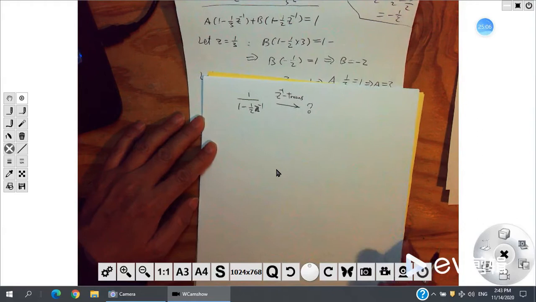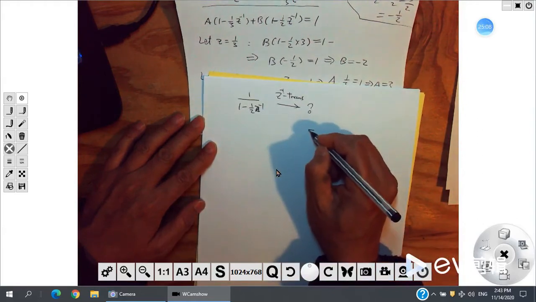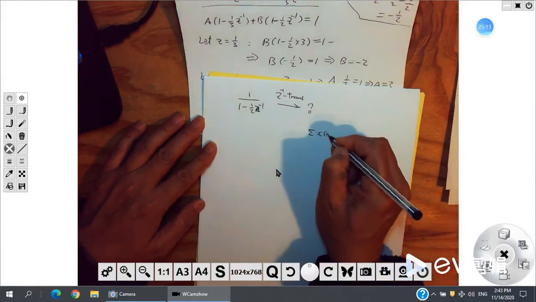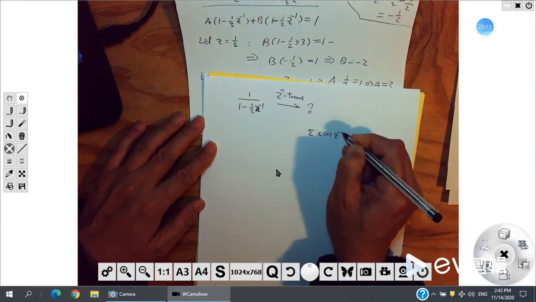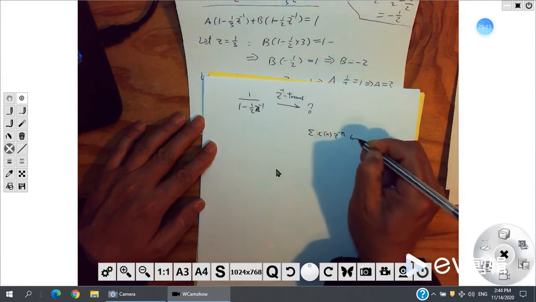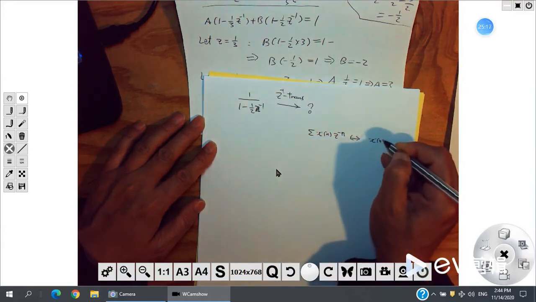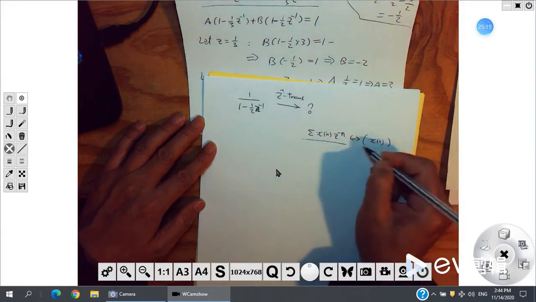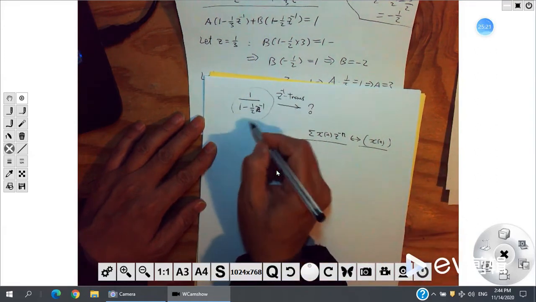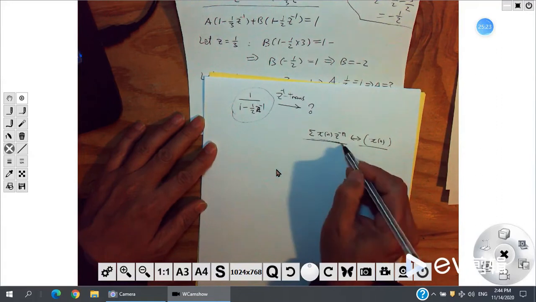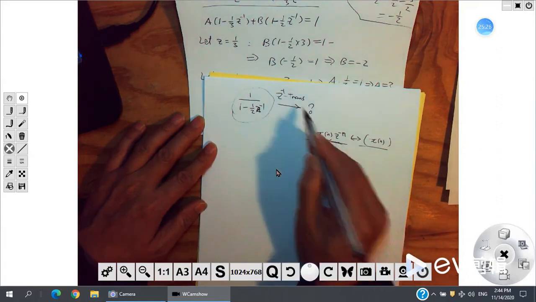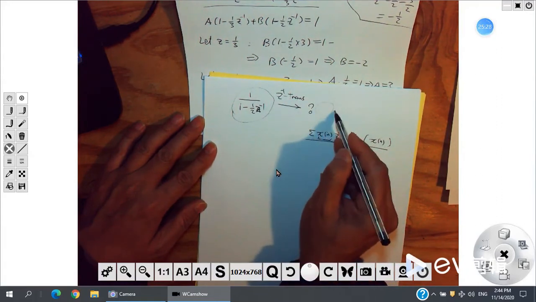We know by definition this is the summation of x of n times z to negative n, according to the sequence x of n. So we will try to rewrite this in terms of this one. Then the coefficients will be this part.